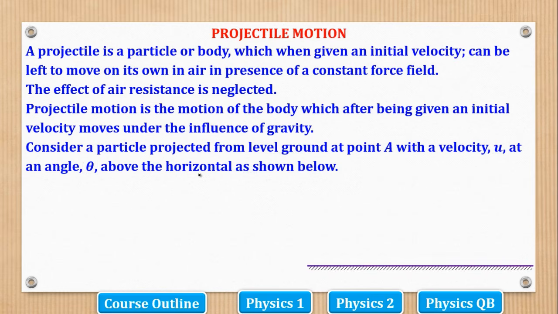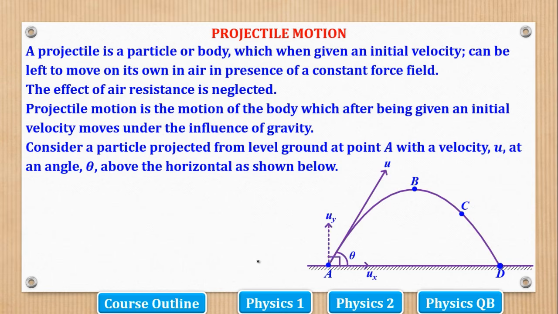We need a ground, and point A is where the projection will be. We give it a velocity of u at an angle of theta, and the particle will follow this path, moving from A through B through C up to point D. Such a motion is what we are interested in.